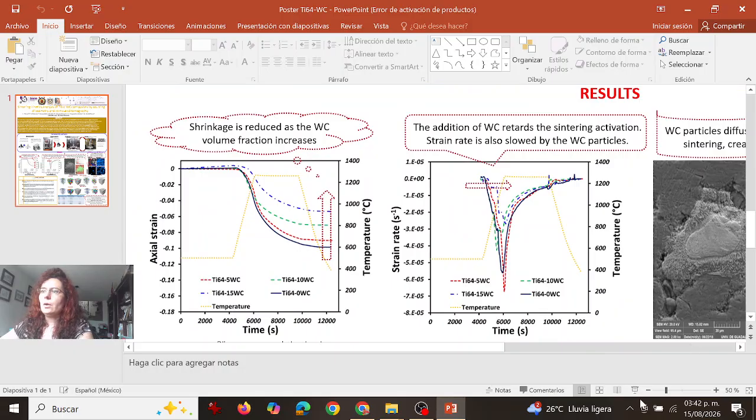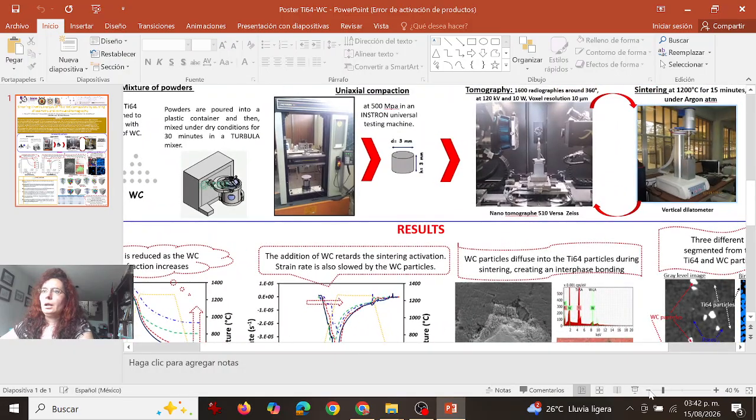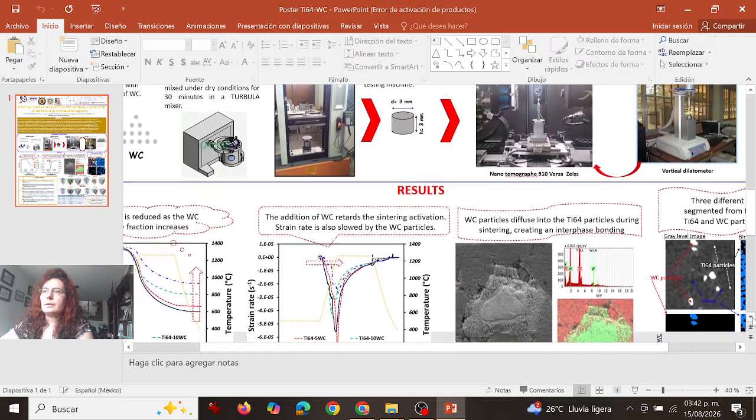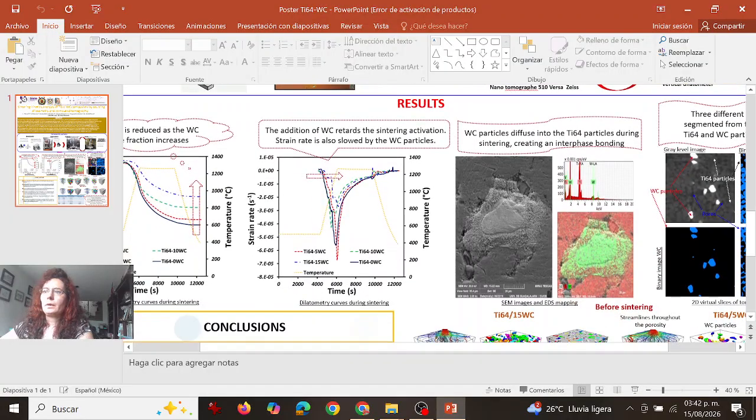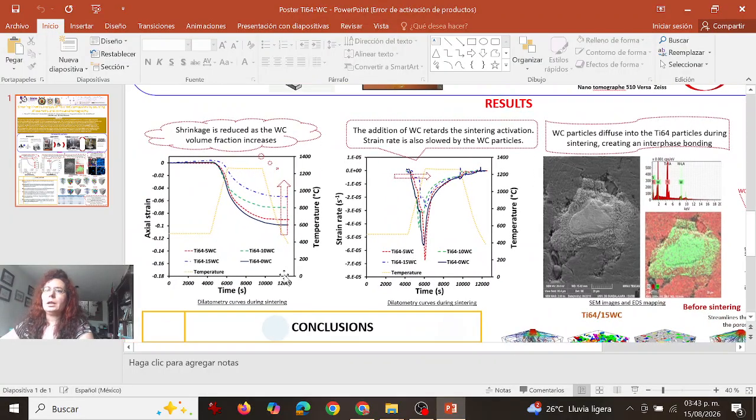First of all, these are the results. Let me begin by presenting you these 2 graphs. These 2 graphs are dilatometry curves that we obtained during the sintering with the vertical dilatometer.